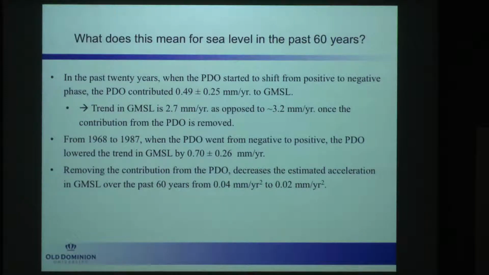Also, if we extend this to the acceleration, if we remove the PDO, the acceleration, based on a very naive, simple quadratic fit, goes from 0.04 millimeters per year squared to 0.02 millimeters per year squared. So once you remove the contribution of the PDO, you basically cut your acceleration in half.